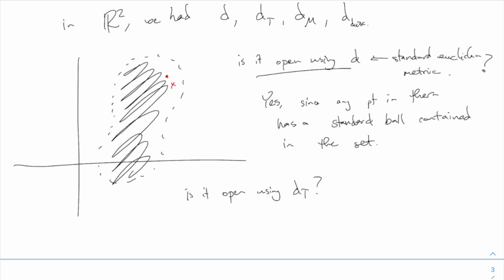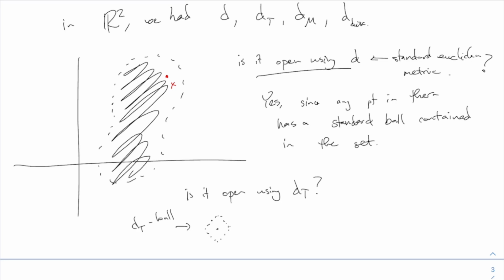Does anybody happen to remember? We did this last time. I had you draw little pictures. Yeah, the taxicab balls look like a diamond shape. So they're not circles. This is what a typical ball looks like. This is a DT ball. All right, a taxicab ball looks like that.